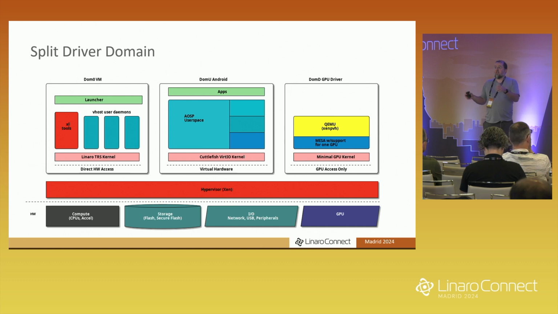But in the Xen setup, there is no particular reason why you have to have your GPU backend in your main Dom0 domain. You can move it all into a driver domain. So you put your backend for the GPU and the rendering in a separate domain that only has access to the GPU. So if it ever gets compromised, it can't compromise the rest of your system.